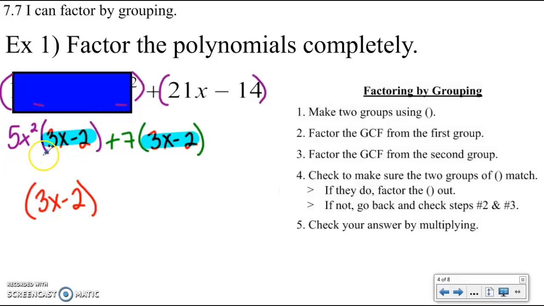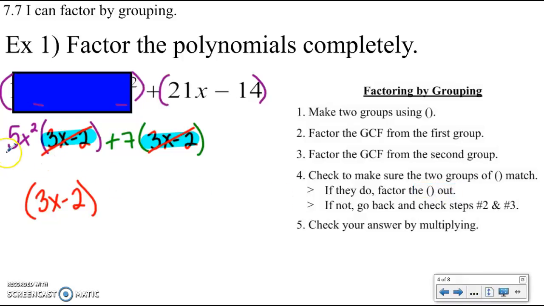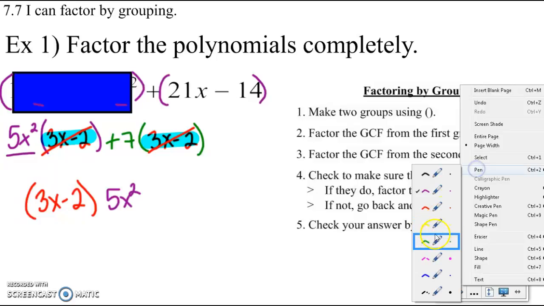When I do that, this and this technically have been factored out. They kind of disappear. So my second group is going to come from this term here and this term here.